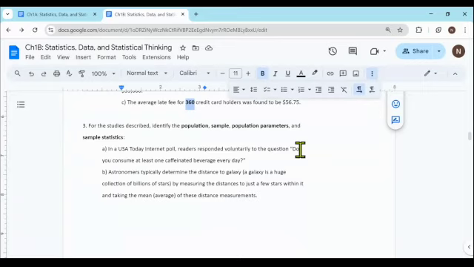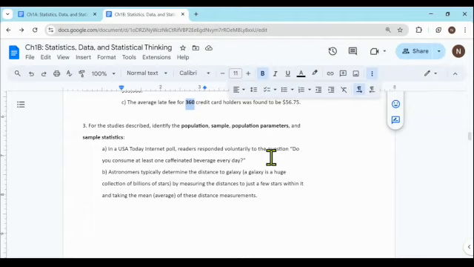Is it the percent? Yes, at least one caffeinated drink. So the percent who have at least one caffeinated drink among those who responded to the survey. Okay. Can you repeat the last two answers, the population parameters and the sample statistics?